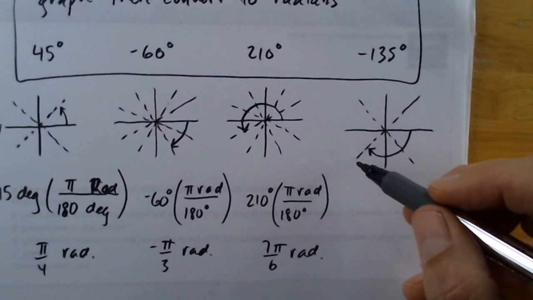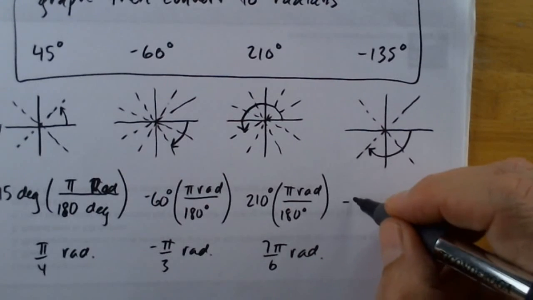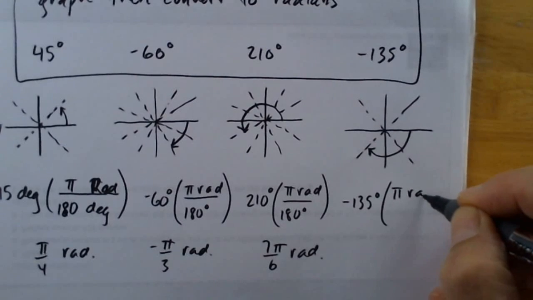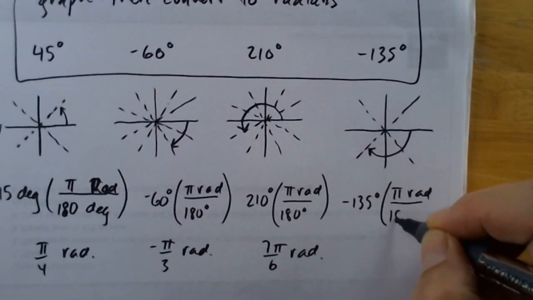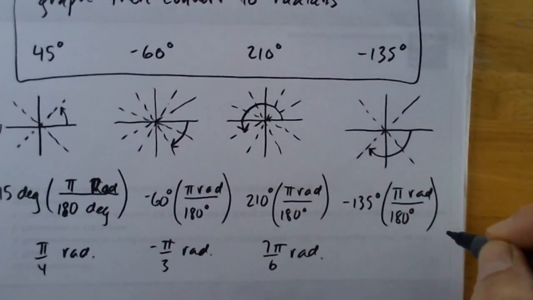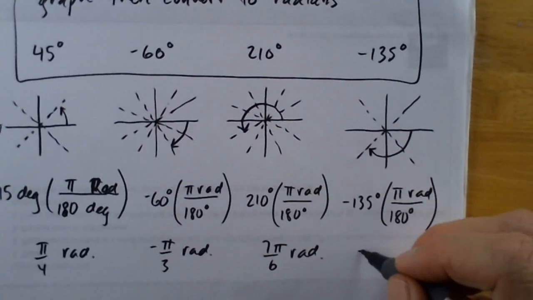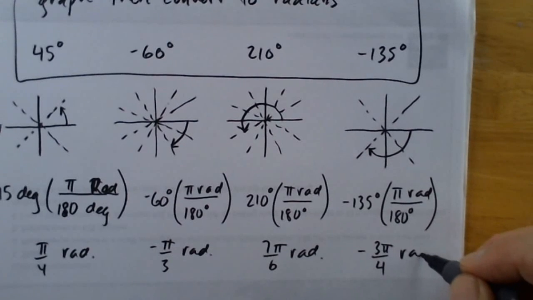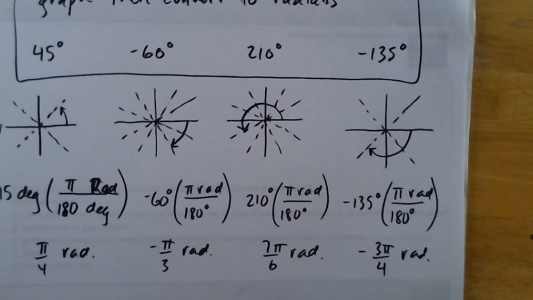So we already know the answer is going to be negative 3 pi over 4. And we reduce that, we get negative 3 pi over 4 radians. Okay, we'll stop there for today.